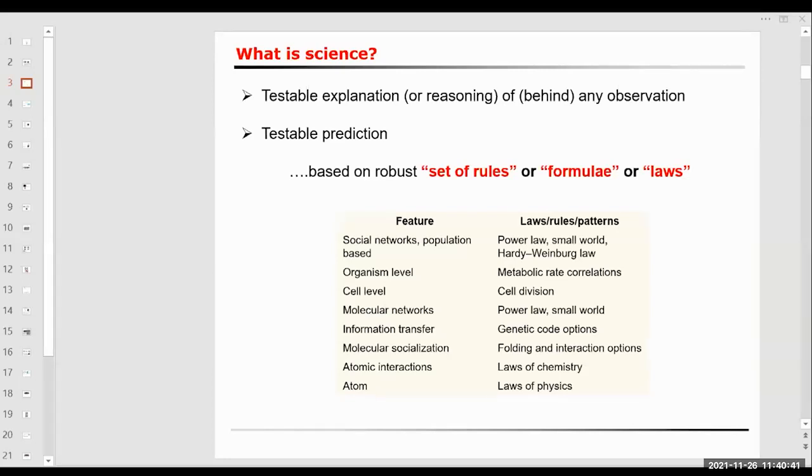And in fact, there are also laws in biology. Cell division is not arbitrary. It follows a particular rule and regulation. Genetic code behaviors, protein folding and unfolding, all of these come under laws of biology.